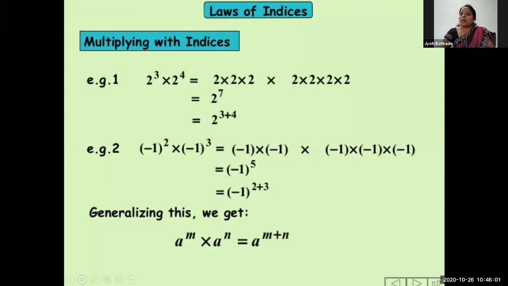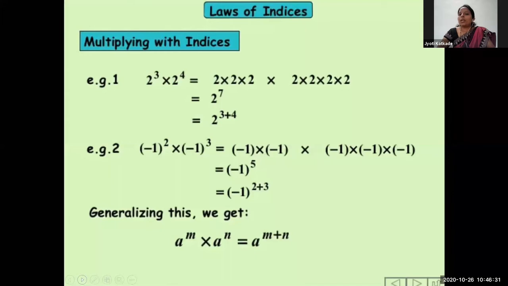But according to the law of multiplication of indices, we get minus 1 raised to 2 into minus 1 raised to 3 is equal to minus 1 raised to 2 plus 3, because the base is same, that is minus 1. So add the powers of this number, that is 2 plus 3. Then we get minus 1 raised to 5.